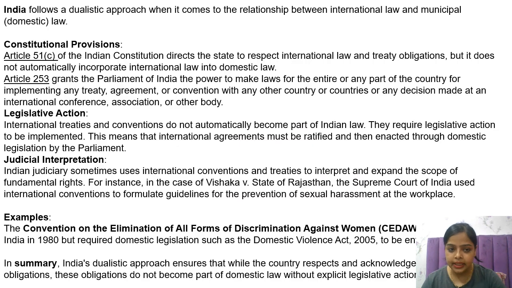Let's start with India's dualistic approach. So to understand the relationship between international law and domestic law in India, we have to understand that India has chosen the dualistic approach. So under constitutional provision also, Article 51C says that state to respect international law and treaty obligations, but it does not automatically incorporate international law into domestic law.